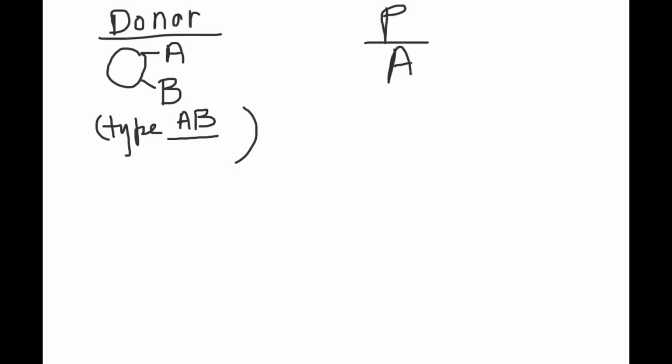So the question is, can this person with type AB blood give blood to this patient with type A blood? Remember, we want to make sure this donor's RBC can survive in the patient's blood.